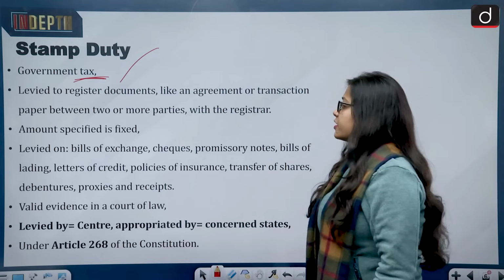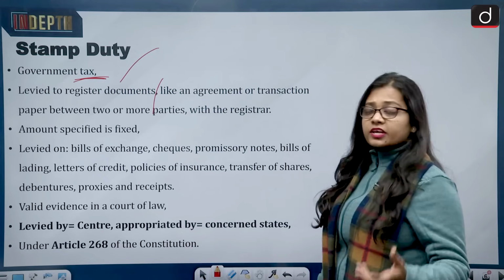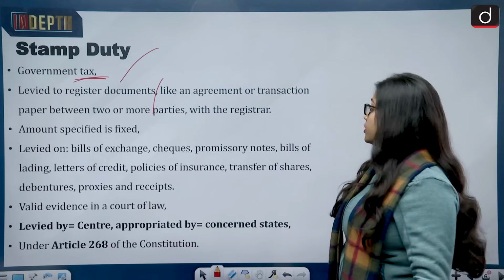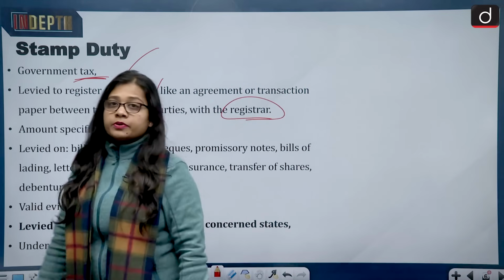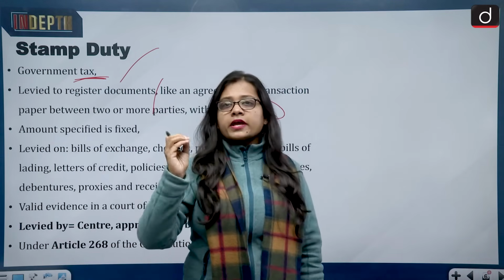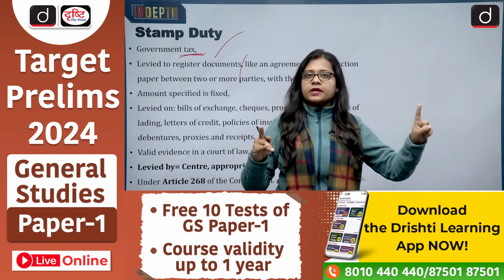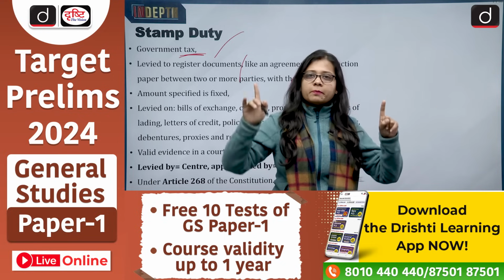It is levied to register documents, for example an agreement or transaction paper between two or more parties with the registrar. For example, if someone is buying a piece of land, there will be a party who will be selling the land, and there will be a party who will be buying the land.